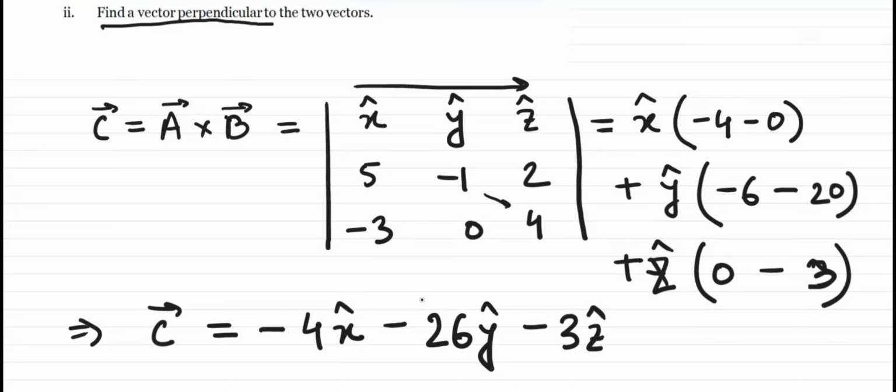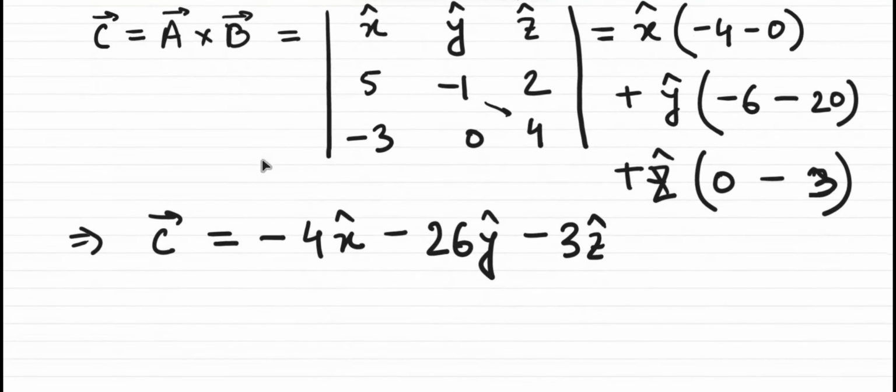This question, however, might be rephrased as find the perpendicular direction to the plane of the two vectors, or find the unit vector in the perpendicular direction of these two vectors. They would simply imply the same thing: find the unit vector in the direction of C. The direction would be given by C hat, which is the C vector divided by its magnitude.